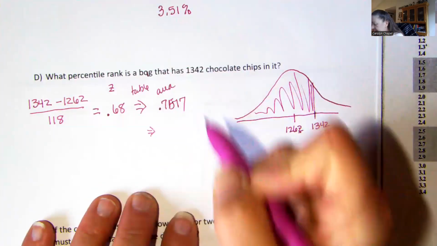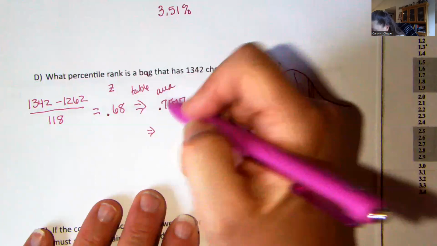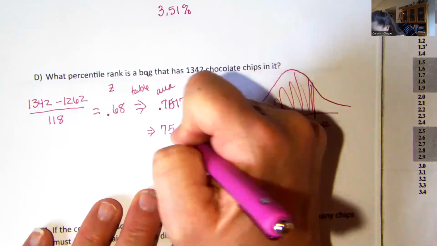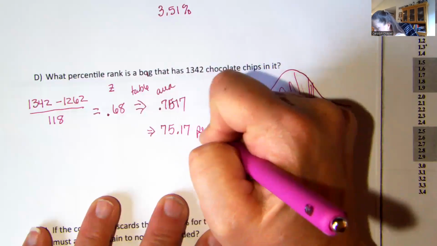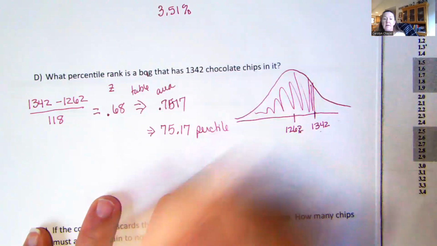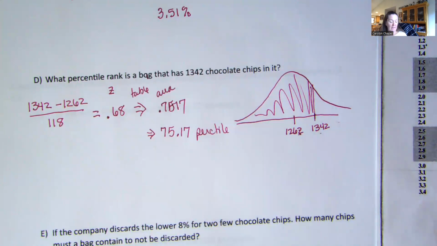So in terms of percentile rank, that is the 75th. And depending on how many decimals, that's 75.17th percentile.